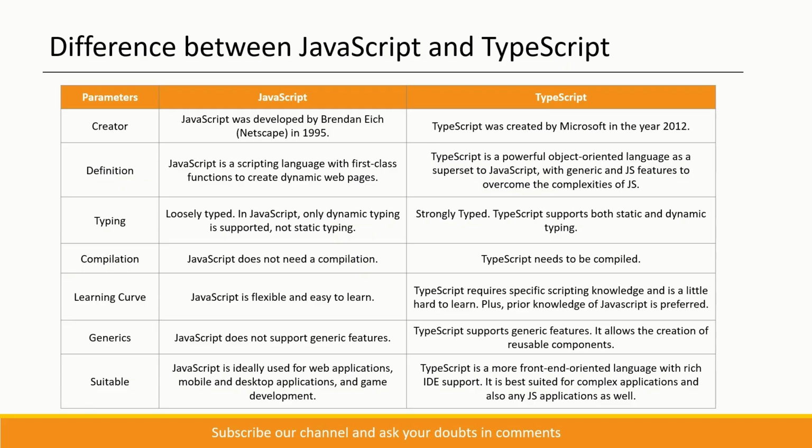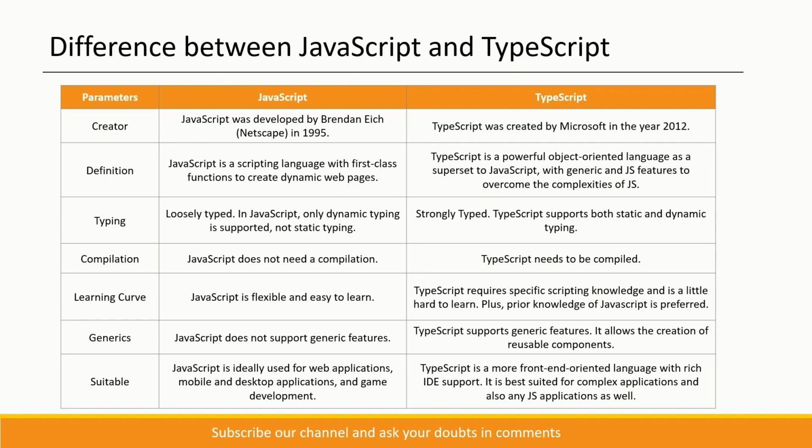The question is the difference between JavaScript and TypeScript. Here we are going to see the common differences between JavaScript and TypeScript with some parameters. The first one, creator. JavaScript was developed by Brendan Eich in 1995, but TypeScript was created by Microsoft in 2012. Definition.